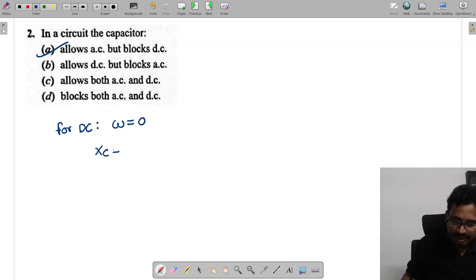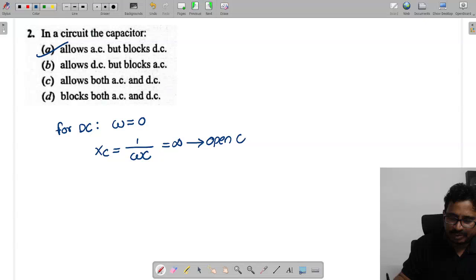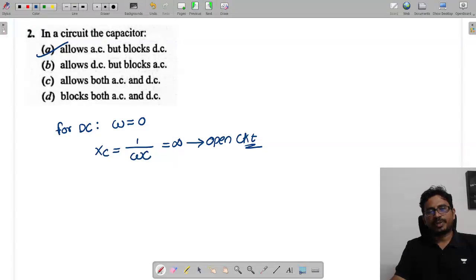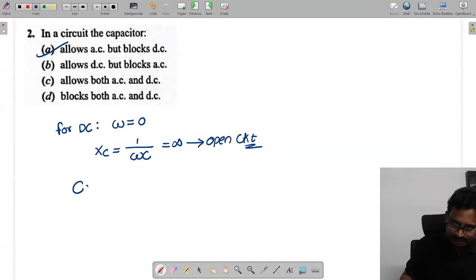That means Xc is equal to 1 by omega C, so it will behave like what? Open circuit. It behaves like an open circuit. If it behaves like an open circuit, then it does not allow current. So that's why a capacitor blocks DC.